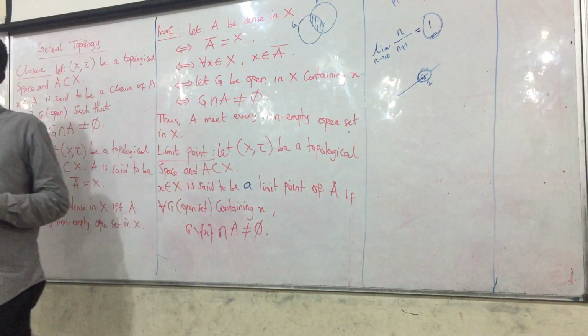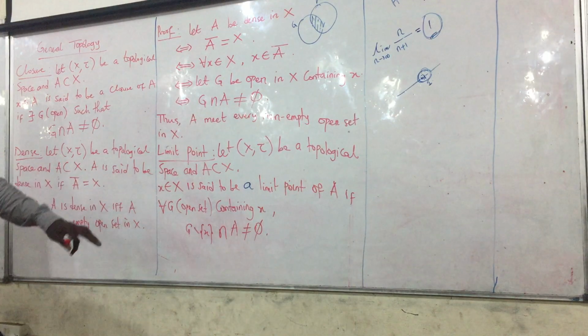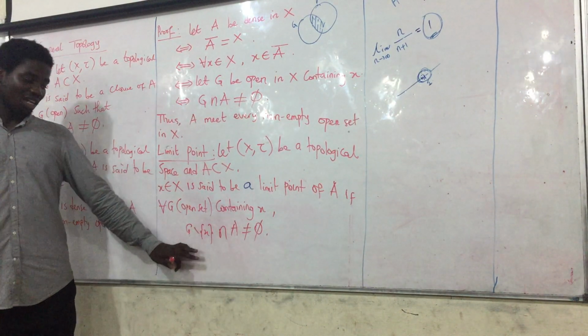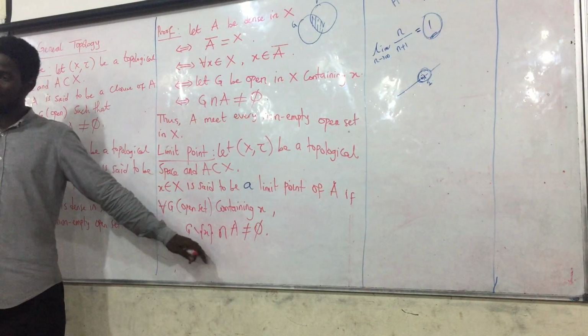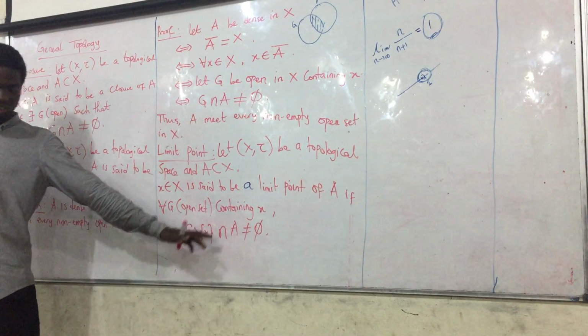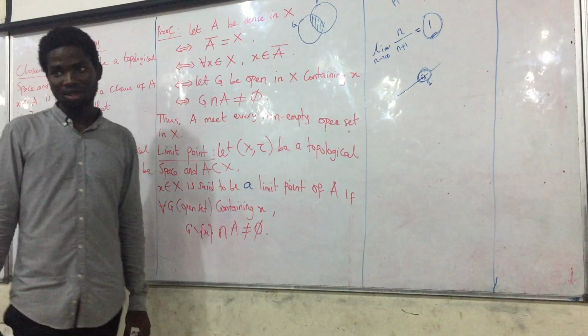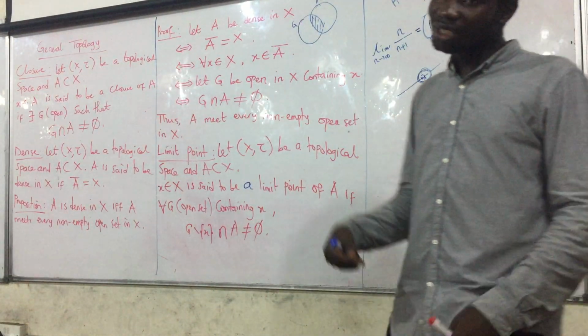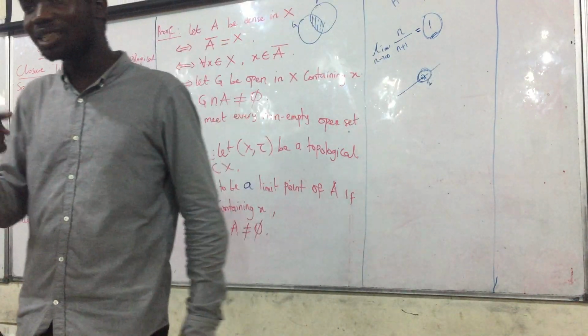It's said to be a limit point of A if for every open set containing x, the intersection excluding x, that is removing x, is not empty. This means that we can have more than one limit point.